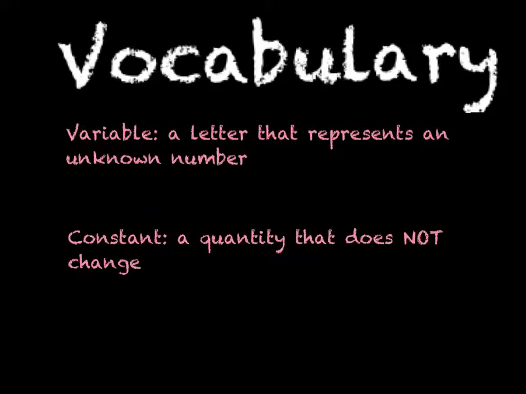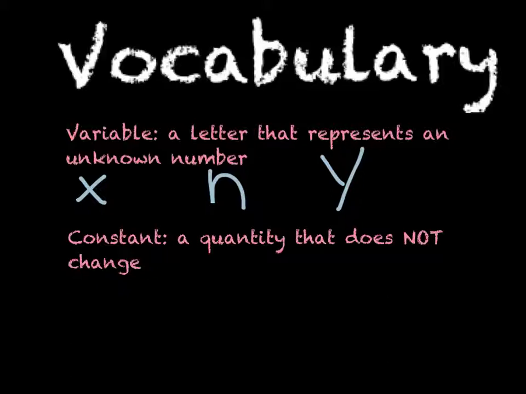The idea that numerical expressions only involve numbers and operations is important as we start to take a look at variables and constants, which are our next two definitions. Variables are letters that represent an unknown number. We've seen this before in past lessons, but we might see an X or an N or a Y. Any of the 26 letters in the alphabet is available to us to use as a variable.